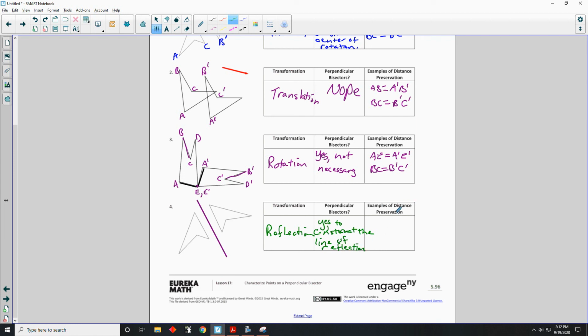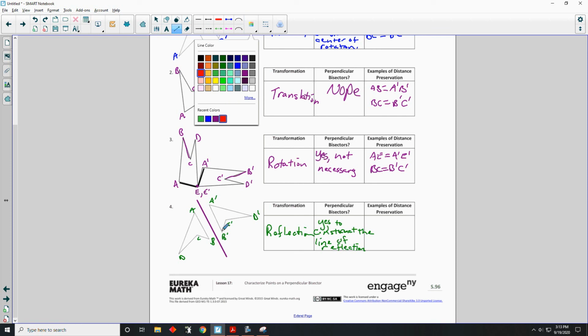Examples of distance preservation. Ready? If I name this A, B, C, D, then this would be A prime, B prime, C prime, D prime. Choose any one of these sides. Doesn't matter. Let's try a segment.